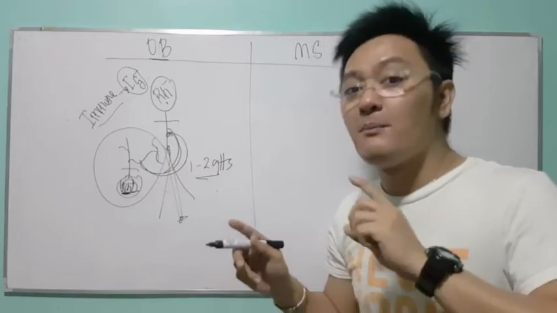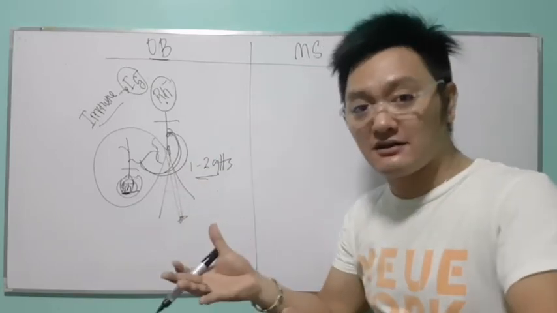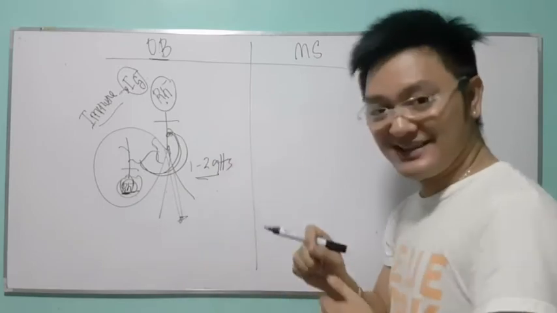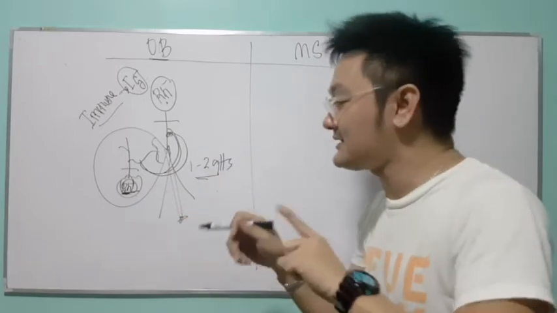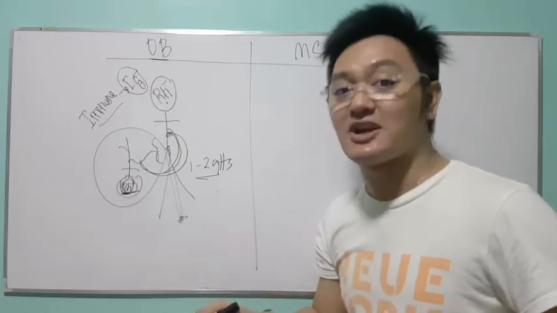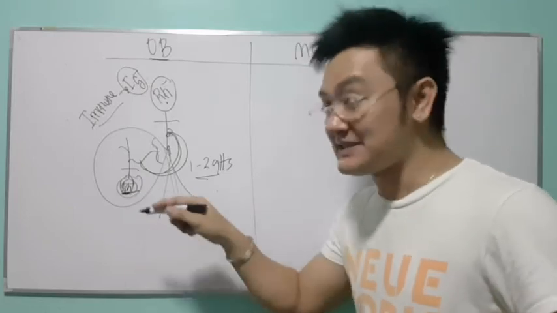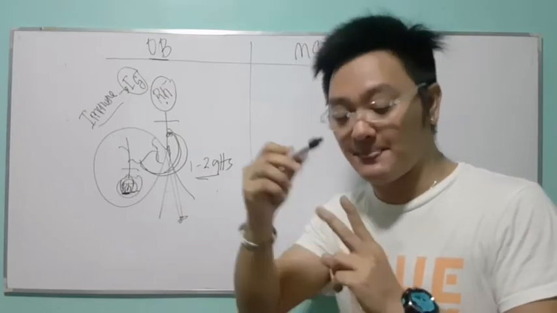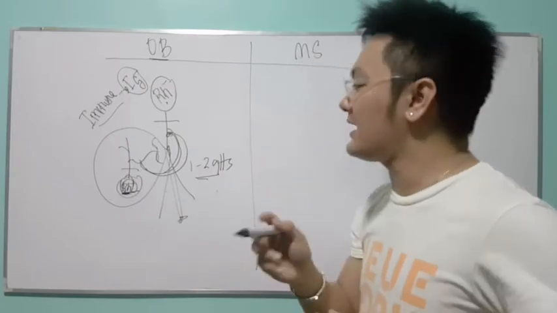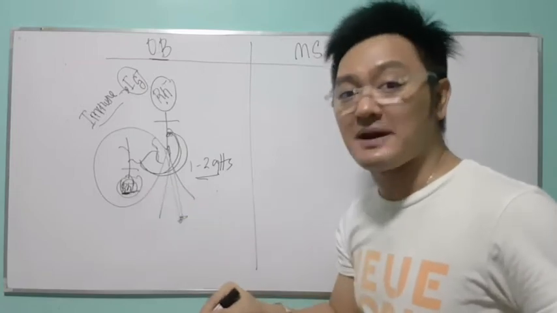Can you follow? But, following year, nabuntis again yung mama. Nung pagkabuntis niya, second pregnancy, yung bata is RH positive. Remember, this is the second pregnancy now. I mentioned hindi affected ang first pregnancy. Succeeding pregnancy, let's say, yung bata is RH positive.